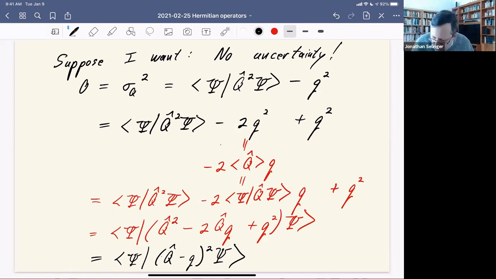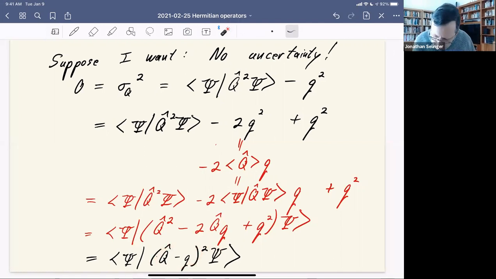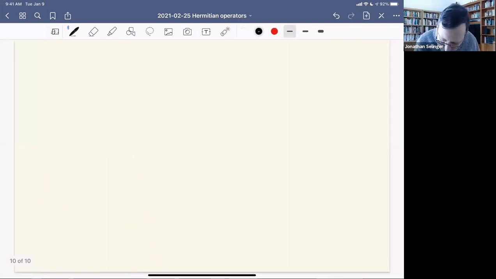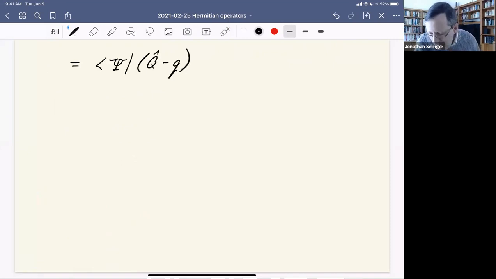Let's now say, well, we have the operator big Q minus little q. This is an operator which acts on psi twice. So this all is equal to psi, then we have big Q minus little q, big Q minus little q, acting on psi like that.